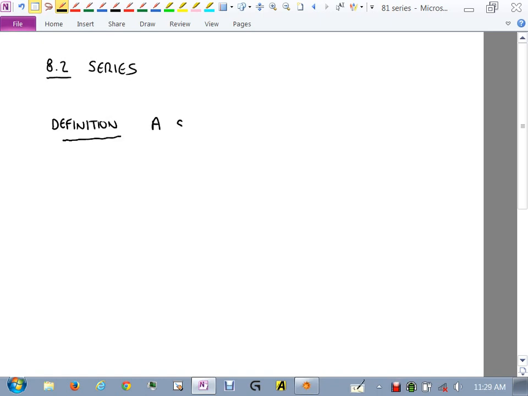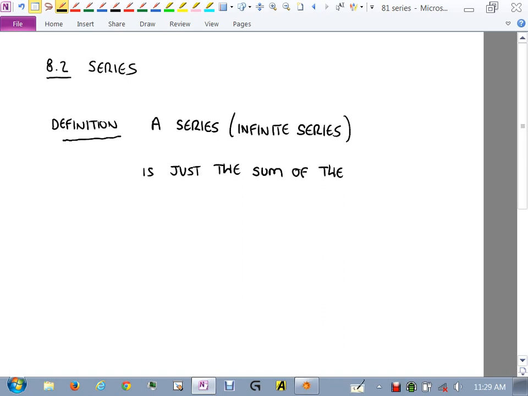A series, or sometimes called an infinite series, is just the sum of the terms of a sequence. That's it. That's all a series is.